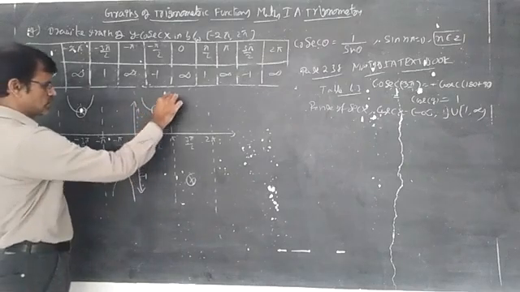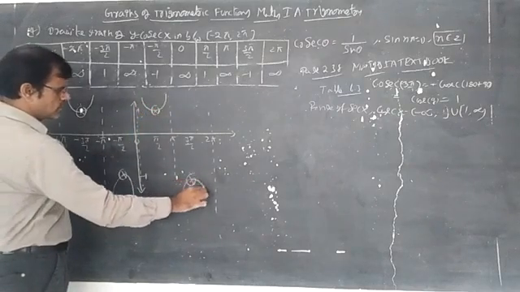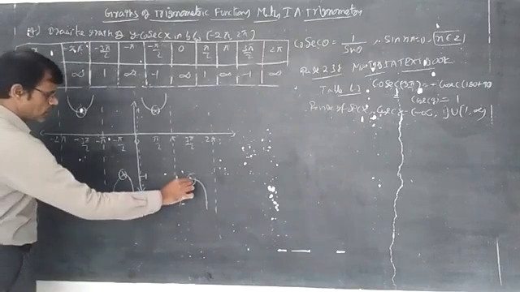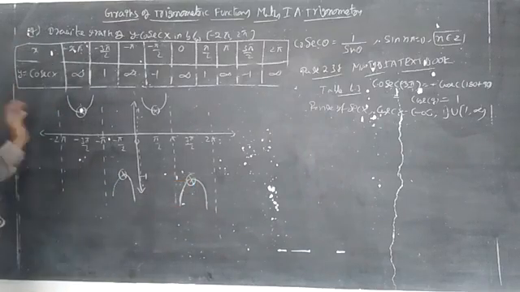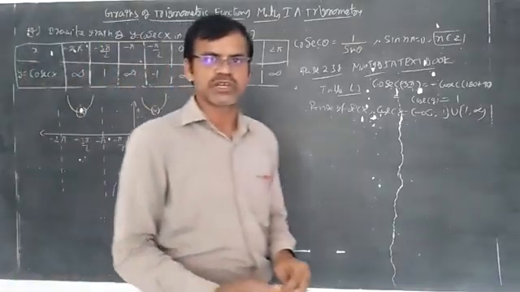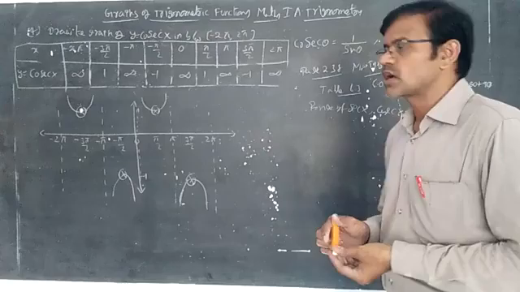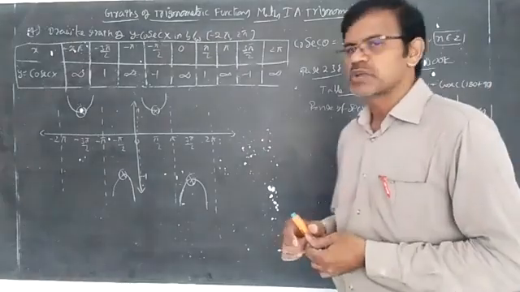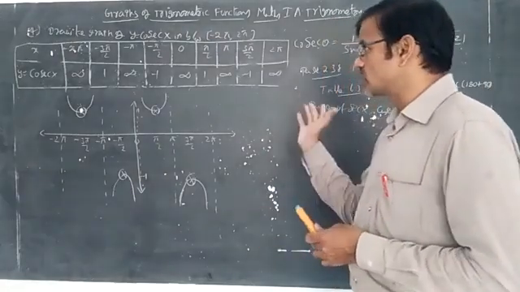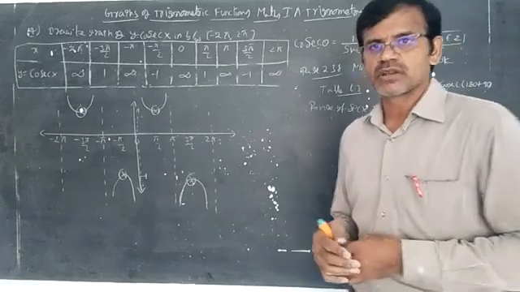In the similar way, this is the bounded value. This is nothing but a parabola. You will be learning the concept of parabola in second year mathematics, 2D concept. Now we have discussed completely the characteristics, domains, ranges and the graphs of the 6 trigonometric functions.